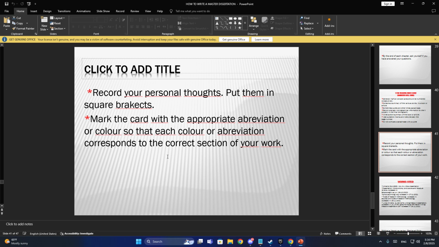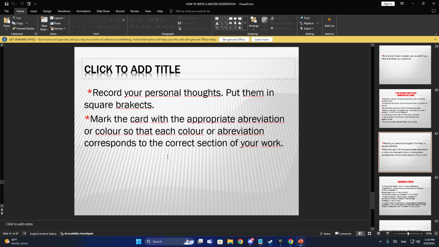Then mark the card with the appropriate abbreviation or color so that each color or abbreviation corresponds to the correct section of your work. To make your work organized, for example, if you have 3 chapters, prepare cards in 3 colors and connect each color to a particular chapter.